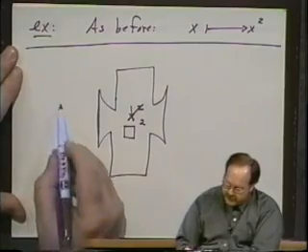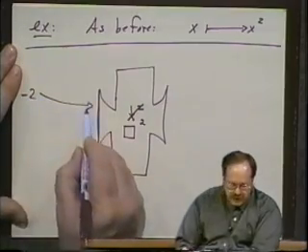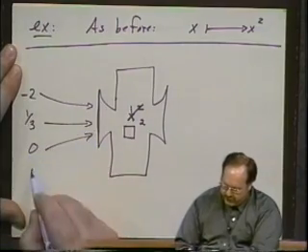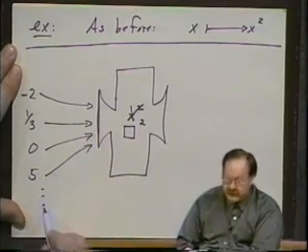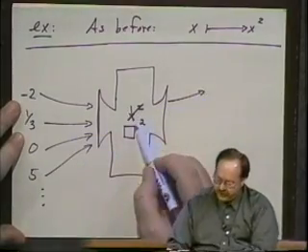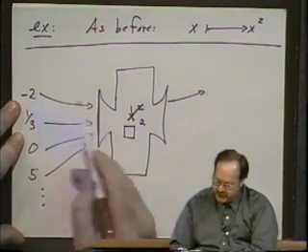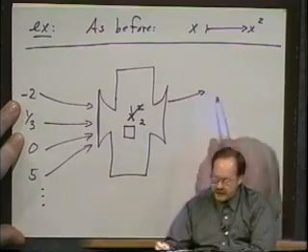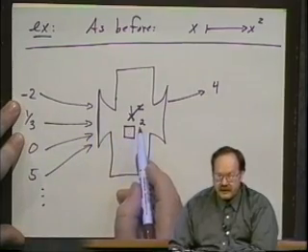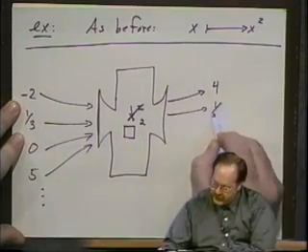Now here are all the things coming in. -2 is going to go in here. 1/3 will go in here. 0 will go in here. And say 5 will go in here. And of course there's an infinite number of numbers that can go in there. What will come out of the machine? Well, this is the square machine. The -2 goes into the box, gets squared, and comes out as 4. The 1/3 goes into the box, gets squared, and comes out as 1/9.